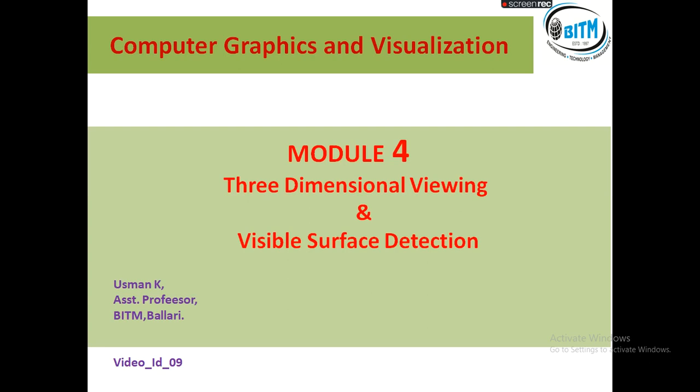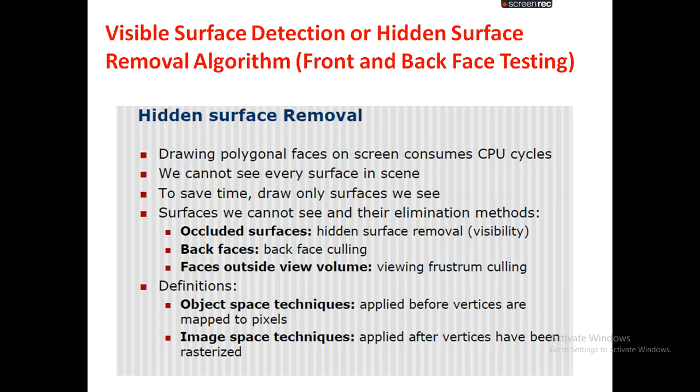In the object based approach, we detected which part of the object is not visible to the viewer. We learned that we detect which part of the object is visible by comparing one surface with another surface.